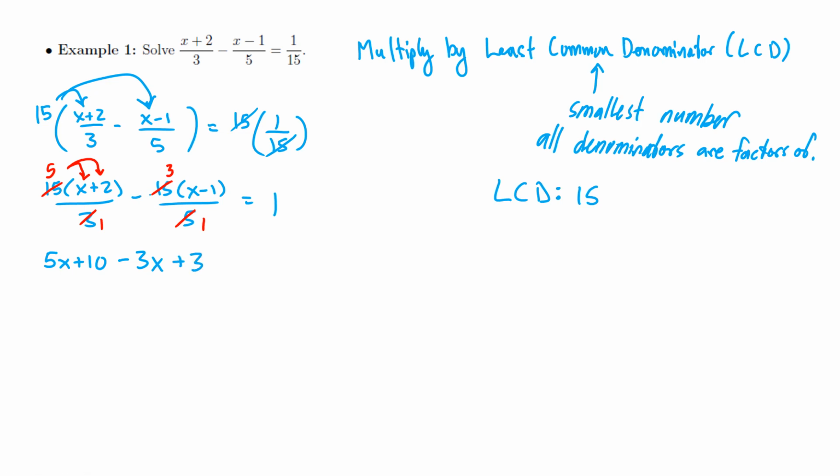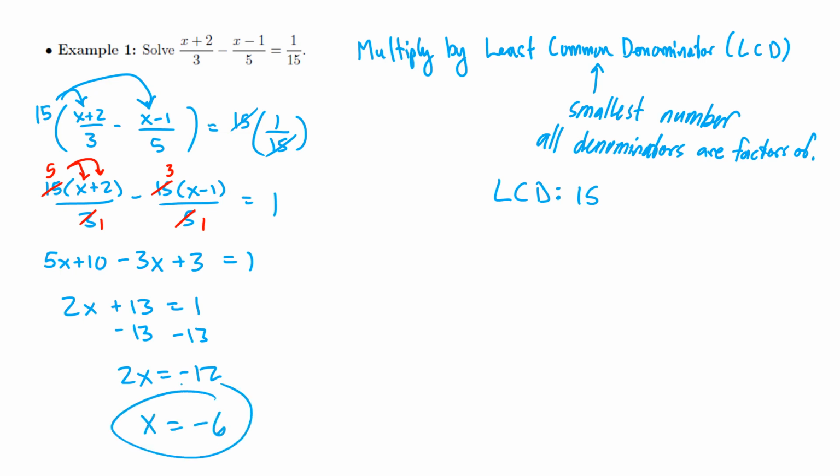So just be careful if there's a subtraction sign out there. And with that, we've made it so there's no more fractions involved, and this should be a fairly easy equation to finish solving. So 2x is negative 12, which means, of course, that x is negative 6.